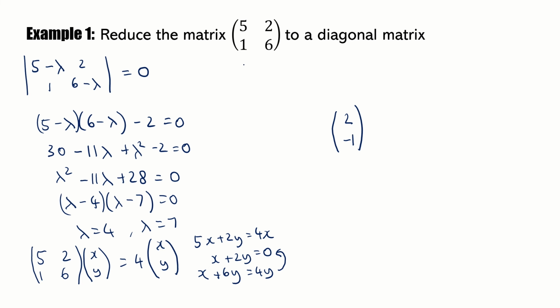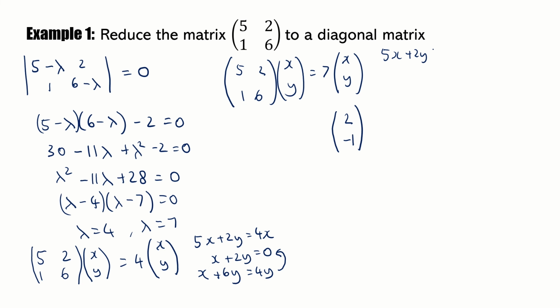Then proceeding ahead to do the same with the other eigenvalue, we've got the matrix (5, 2; 1, 6) times (x, y) equals 7 lots of (x, y). That will get us 5x plus 2y equals 7x, which means we end up with minus 2x plus 2y equals 0.